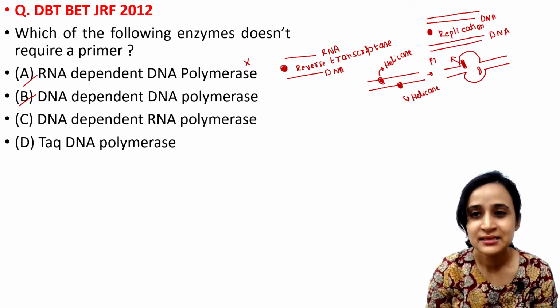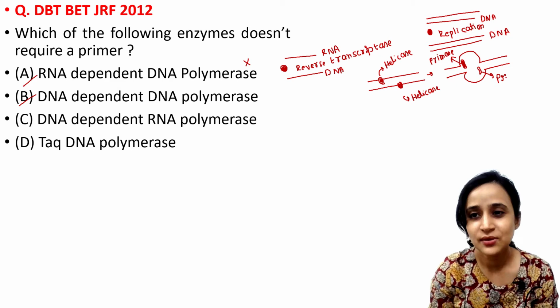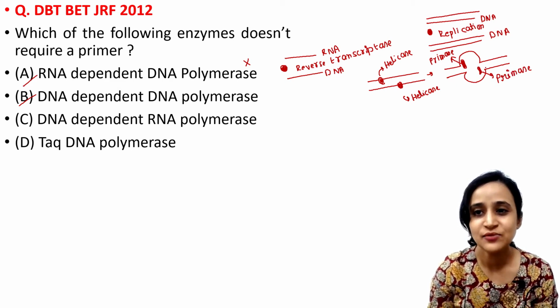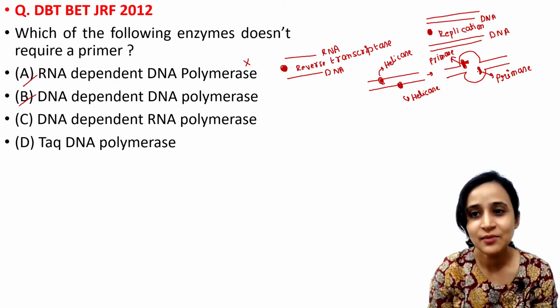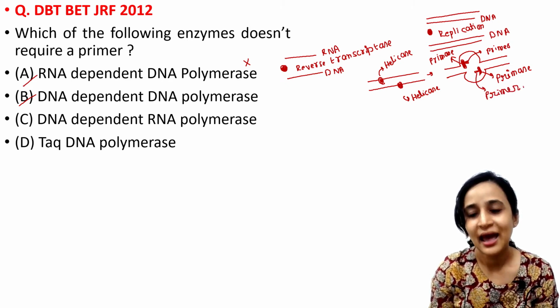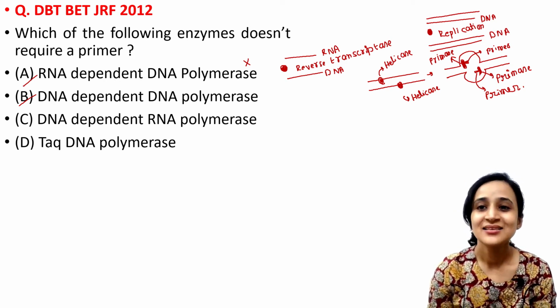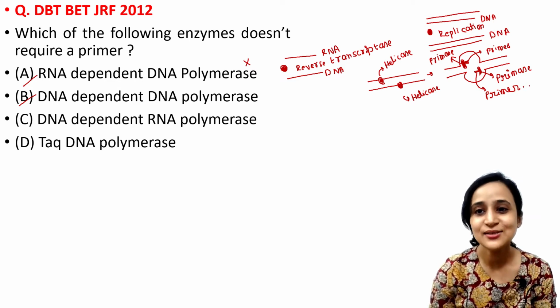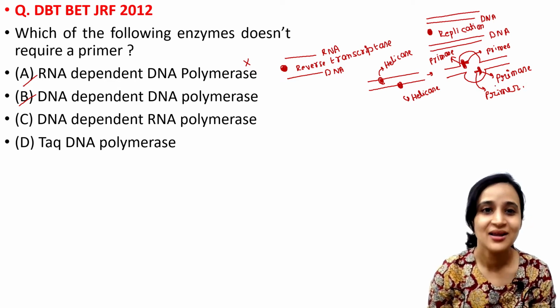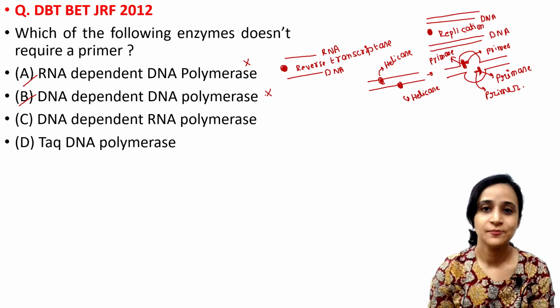This is the primase, and the primase will generate the primer. So here the primer will be generated and that primer will extend the DNA. So this process also requires a primer. So this is also not the answer.